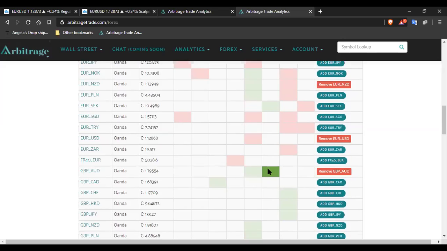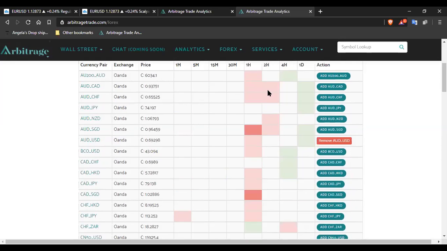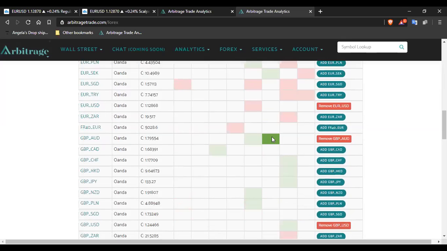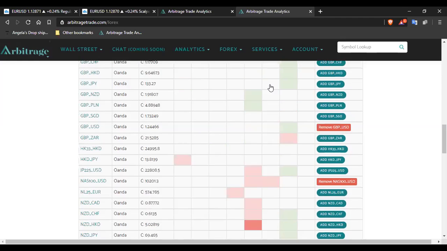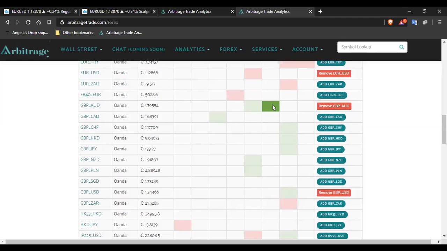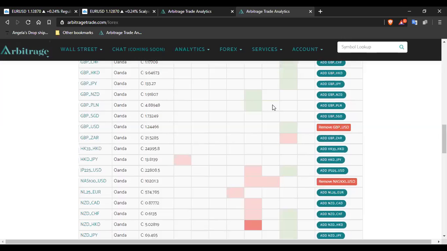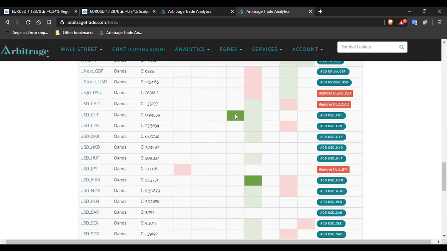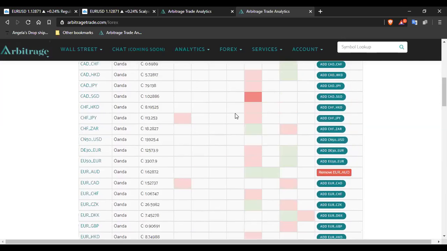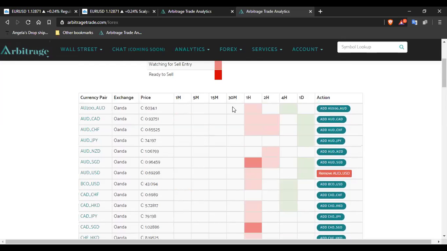So look on here. GA, I think this is a 2-hour time frame, looks like it's setting up for a buy, so we'll take a look at that. I don't know exactly if I feel that way about it. USDCHF looks like it's getting ready for a buy on the 30-minute time frame.